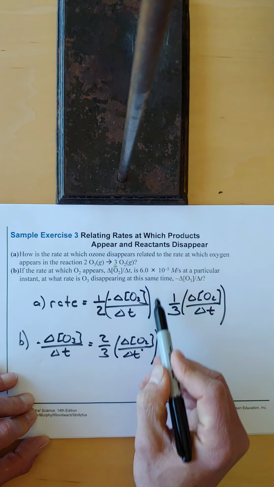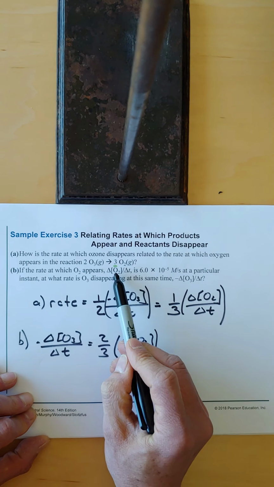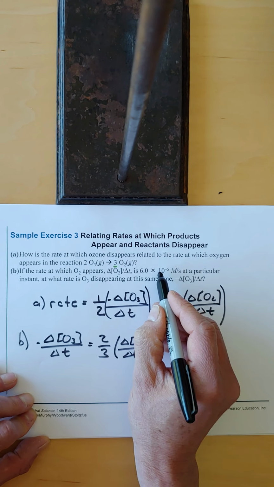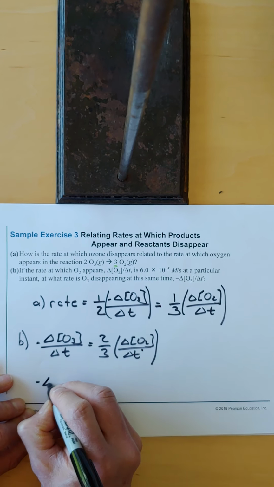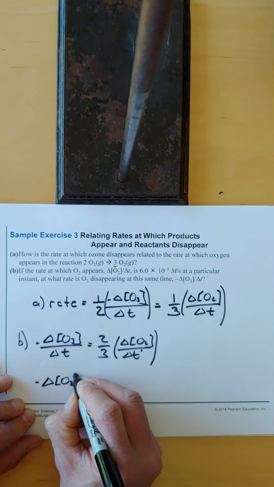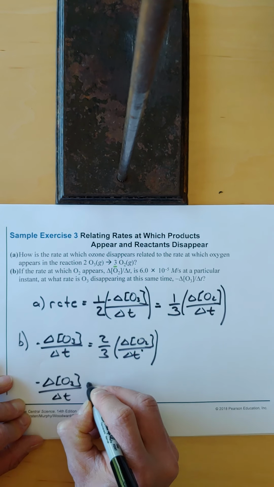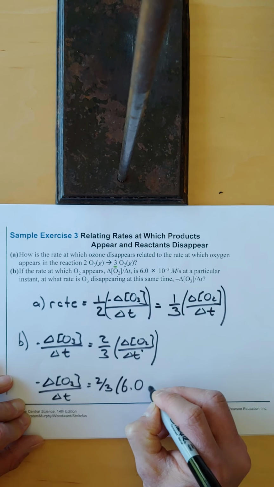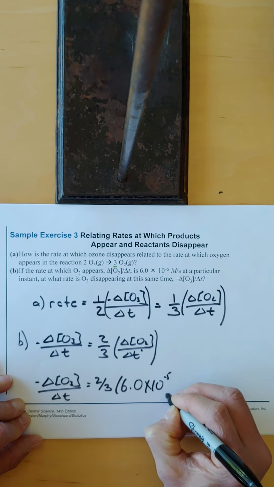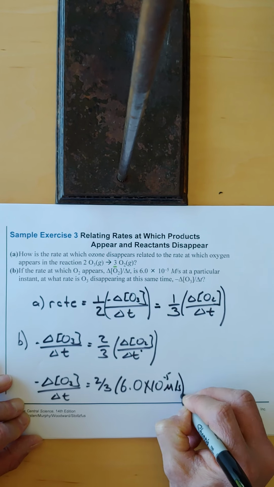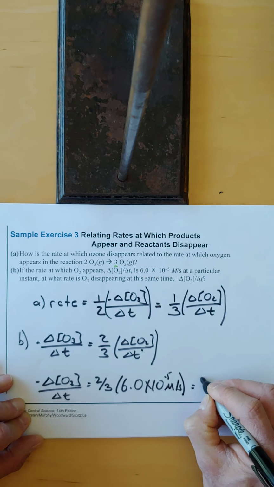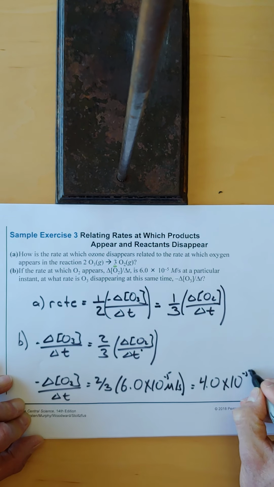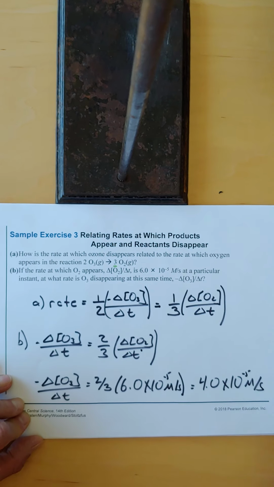And we were given this value, delta O2 over delta T, equals 6.0 times 10 to the negative 5th. So my disappearance of ozone is equal to 2/3 times 6.0 times 10 to the negative 5th molar per second. So I get 4.0 times 10 to the negative 5th molar per second.